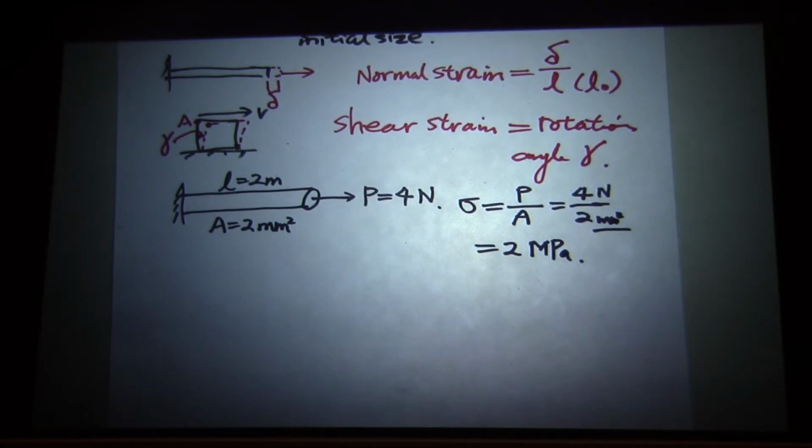Now, what if I feel the stress is too high? Maybe for steel this is very low, but for a piece of muscle, maybe this is too high. How can I reduce the stress to support the same load? You can double the area. Any other way?